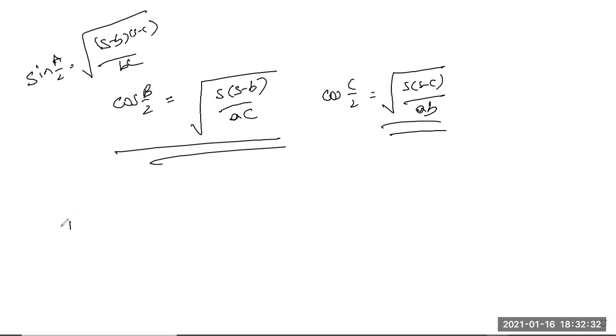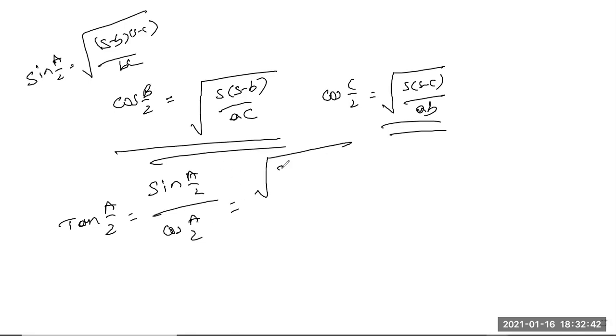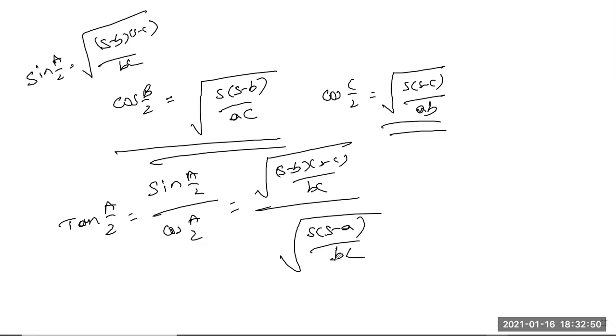So how to find tan A by 2? Tan A by 2 is simply sin A by 2 divided by cos A by 2. If you divide, the bc will get cancelled.